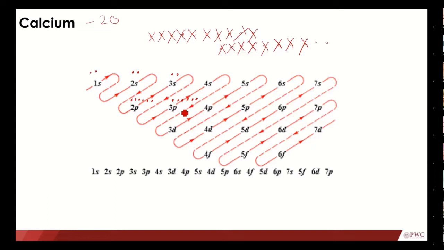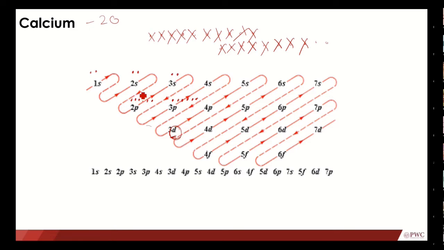The next one, where can we find the next one? Sa 4s na, sir. Right, so in this case, before we go to the 3d, this d sublevel has more energy compared to the s orbital. So after 3p, we go first to 4s because 4s has a lower energy compared to the 3d orbital.